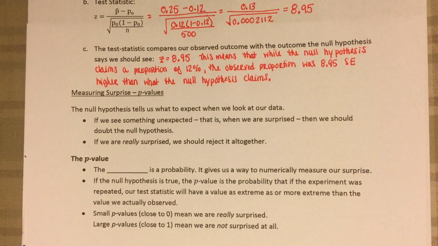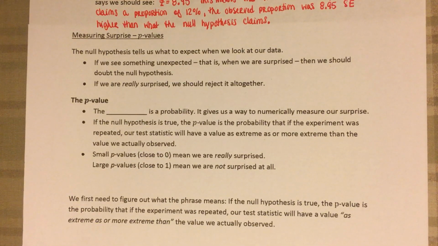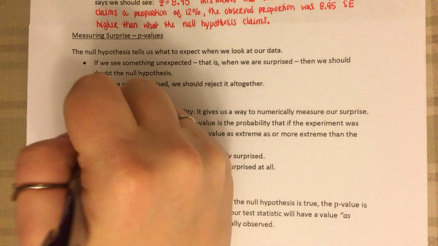If we see something that is unexpected, if we are surprised, if we have an extremely high or low z-score, then we should doubt our null hypothesis. If we are really, really surprised, then we should reject it altogether. So we're going to use another mathematical value, called our p-value, to help us make this decision above and beyond just looking at our z-score.